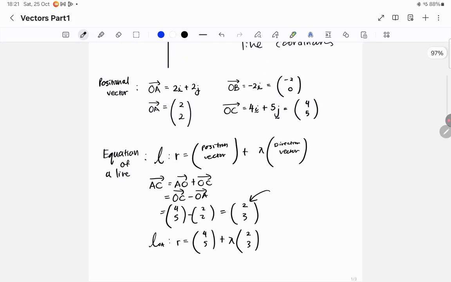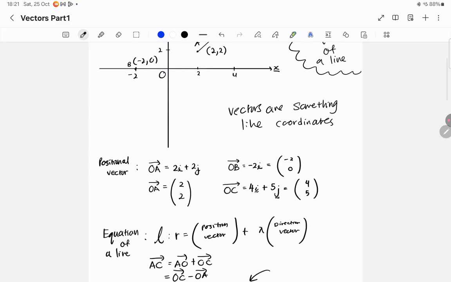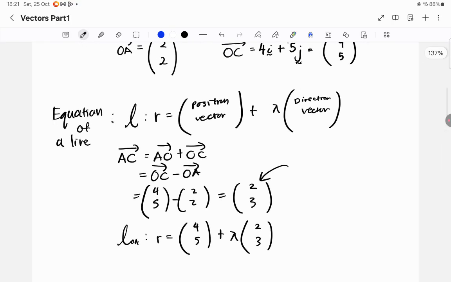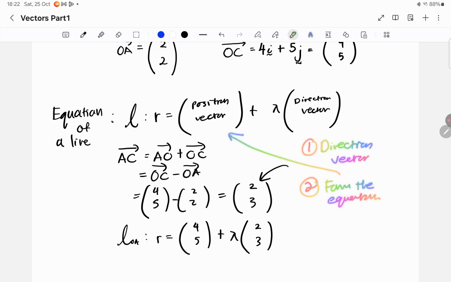So this is how you do the equation of a line. Normally you take any position vector of your choice on the line and a direction vector. The first step would usually be finding the direction vector, and secondly, forming the equation of the line by putting in whatever position vector you like.